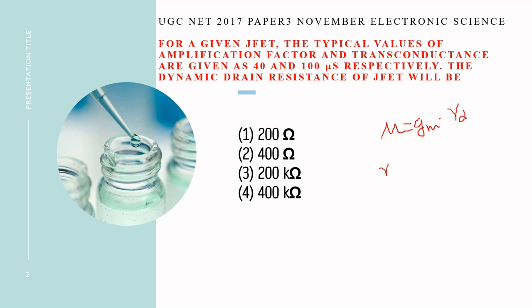So what is the rd value? That is mu by gm. So if we put all these values, we get the drain resistance of JFET. In the next slide, we see the solution.